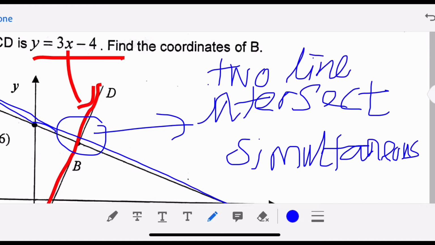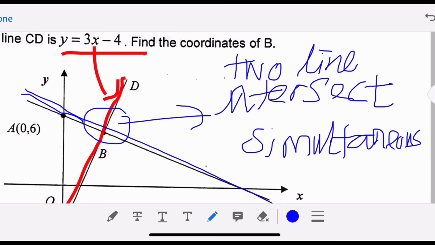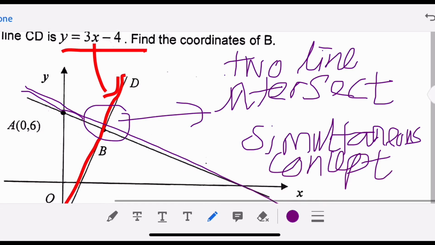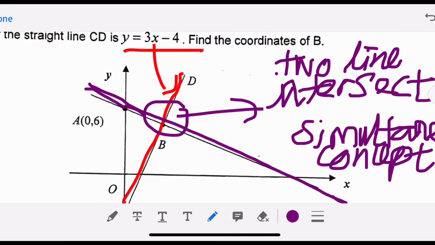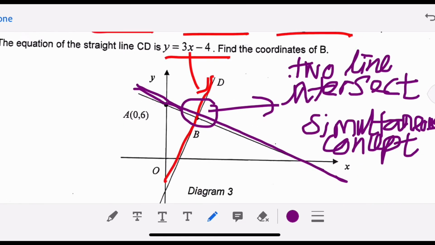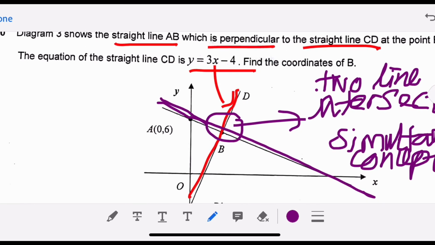But here, intersect means the two lines are intersecting, so you have to use the concept of simultaneous equations. First of all, you will wonder where to get the equation for the purple line. You don't have it, right? But the keyword is perpendicular.